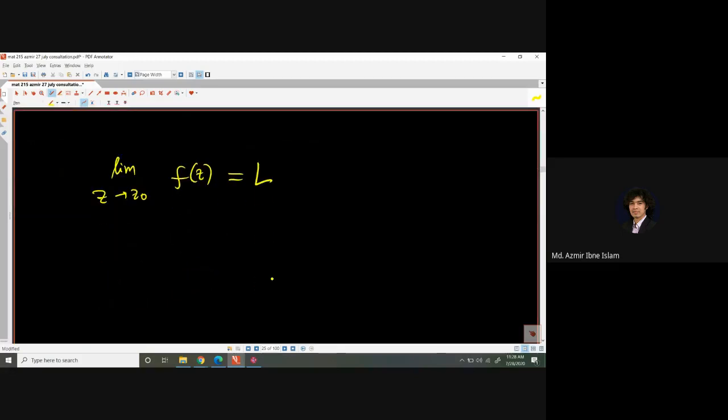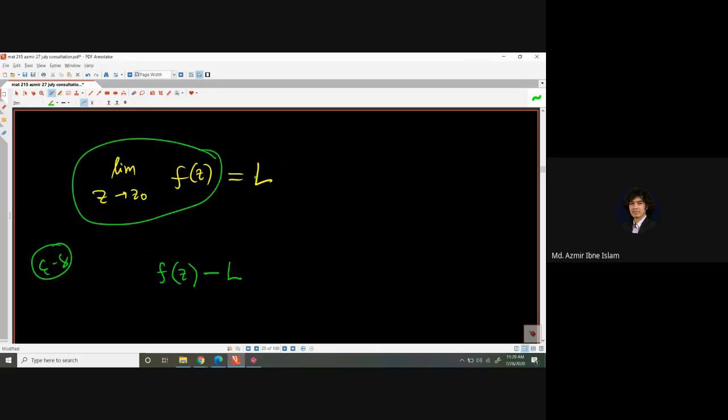This is the formal definition, but the epsilon delta definition says that it has an alternative form. It is the function f of z, and suppose you have the answer of that, the limiting value L. We have to prove that the limit of this function when z tends to z0 is equal to L. So for this we use epsilon delta.